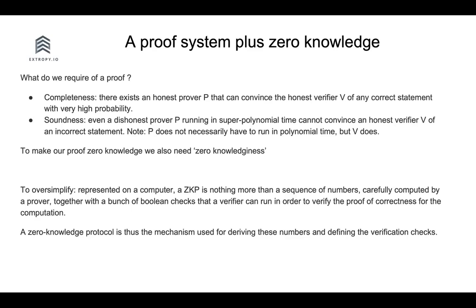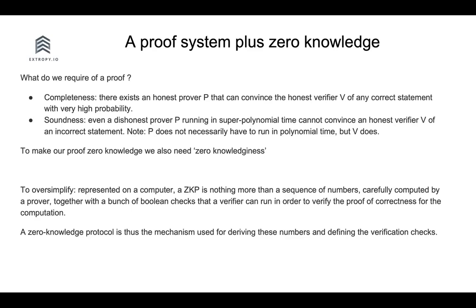So if Peggy is being honest in her proof, she will be able to convince an honest verifier that this proof is true to a very high probability. In all of this, we are dealing with probabilities, so all of the proofs are given as being to a very high probability.